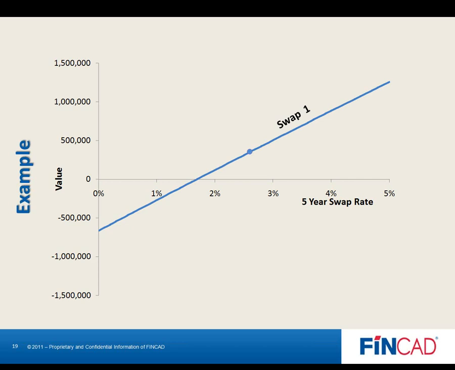Here's a graph of the value of that swap as a function of the 5-year swap rate. The blue dot is the current value of the swap for the current value of the 5-year swap rate. The slope of that line at the blue dot is the sensitivity of the value to the 5-year swap rate.